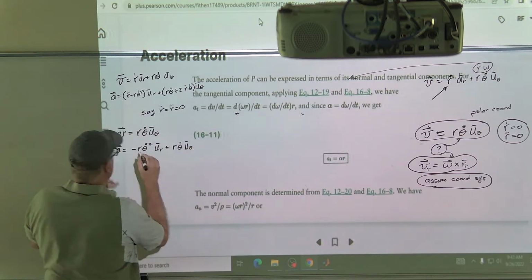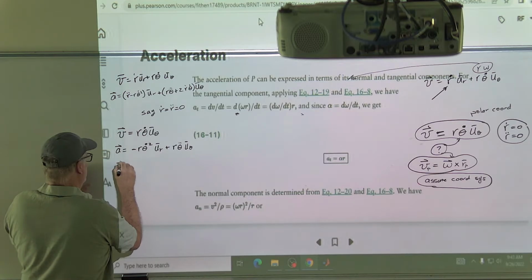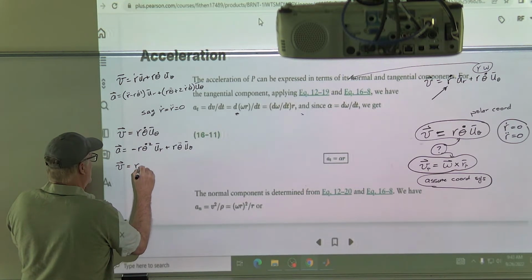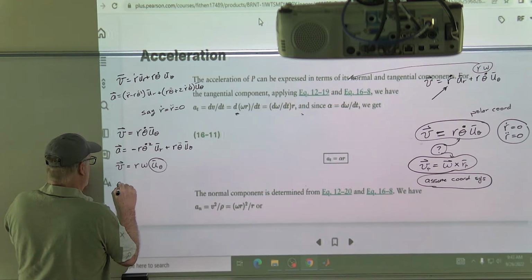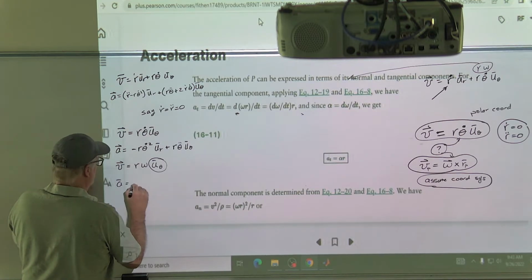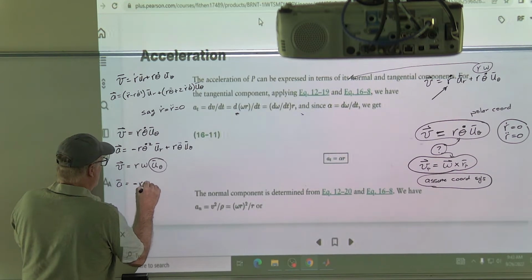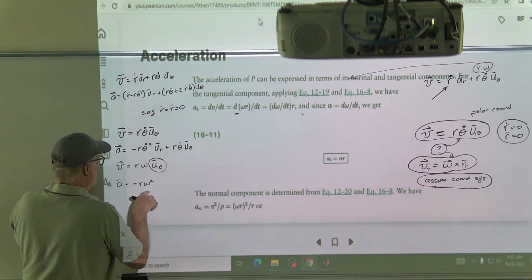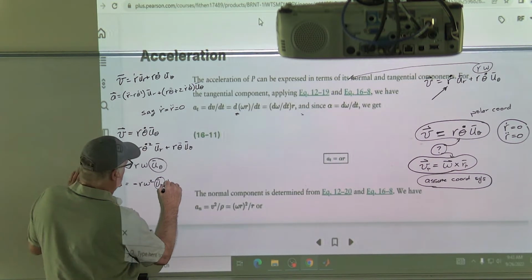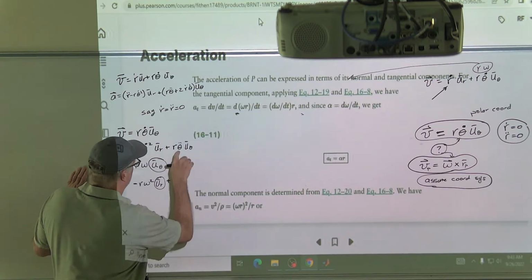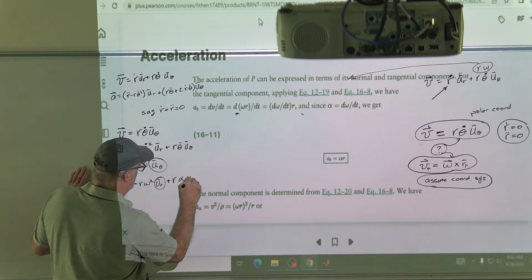Now, in our new world, this is what I get: V equals R omega U theta. Now we'll pay attention to this, and then over here I'll get accelerations A equal to minus R omega squared UR, and again we'll pay attention to that, plus R alpha U theta, because that's what that is.